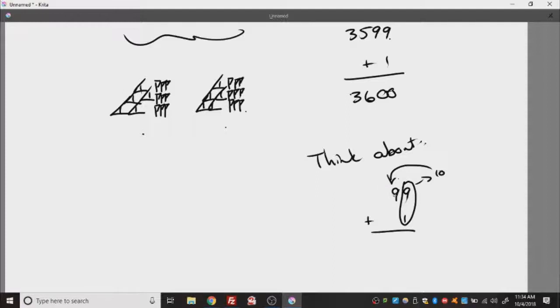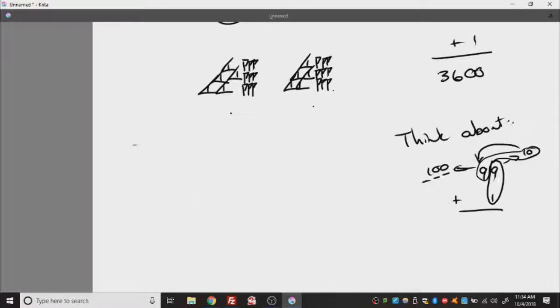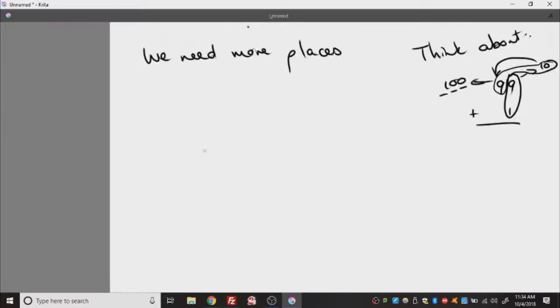There are 9 tens. With another 10, together they make 100, which has a 3-place representation. So we need more places when they're both full. So I'm going to have 3 places.